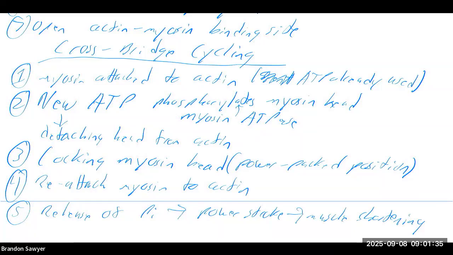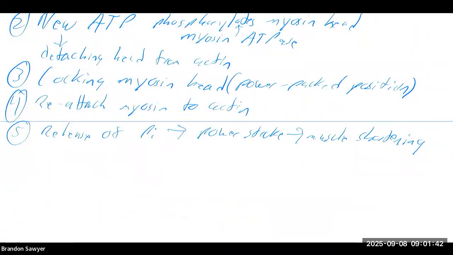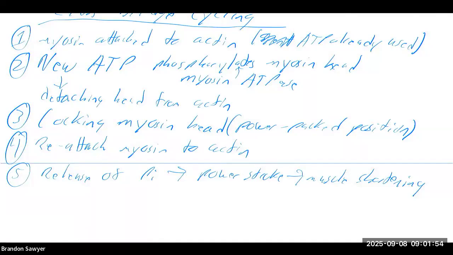So it's the dephosphorylation of the myosin head that makes it go back into its position, but now it's attached to actin. So it springs back and brings actin with it. That's the key there. And now we're back to where we were, back to starting right there, and we can start that cycle over again.